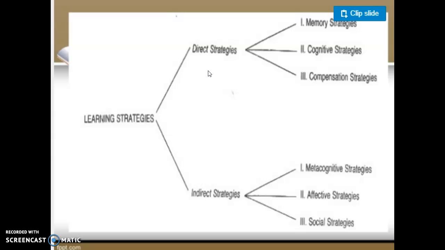Direct strategies are memory strategies, cognitive strategies, and compensation strategies, and indirect strategies are metacognitive strategies, affective strategies, and social strategies. So here are the variations of language learning strategies.